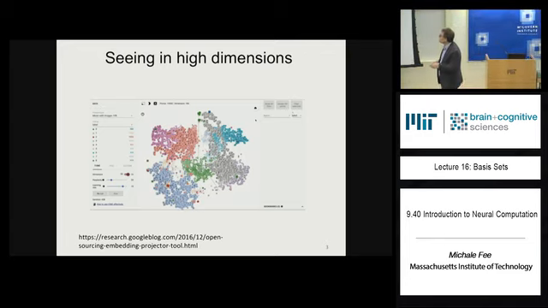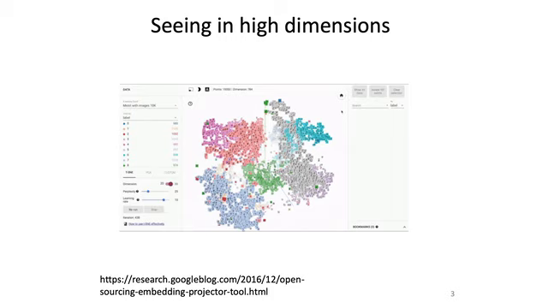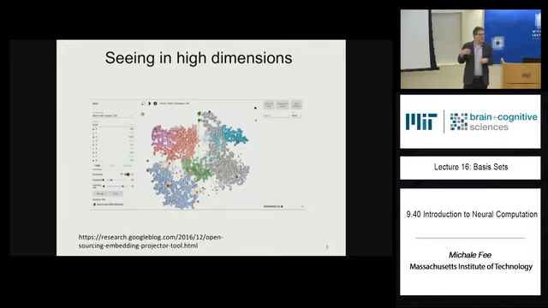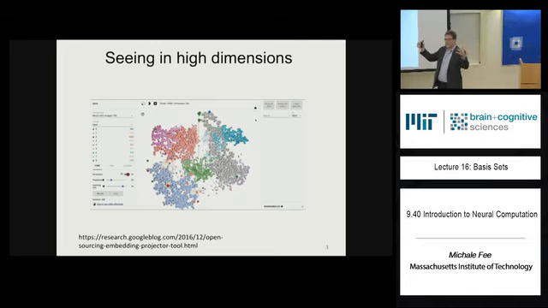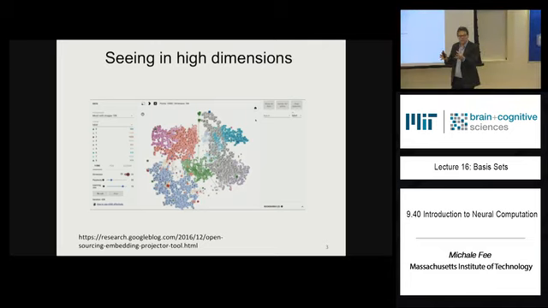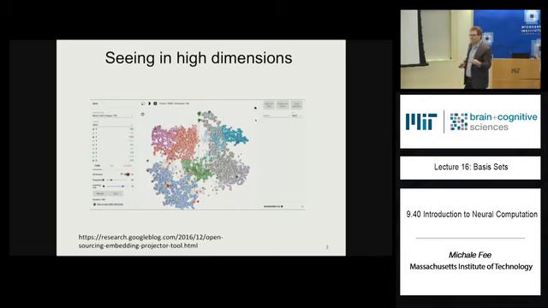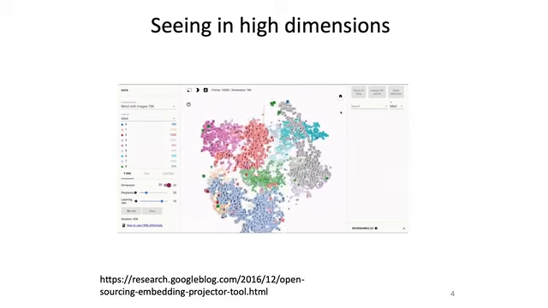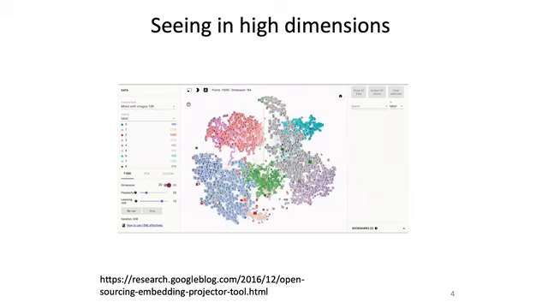So this is from a website at Google Research, where they've implemented different viewers for high-dimensional data, ways of taking high-dimensional data and reducing the dimensionality and then visualizing what that data looks like. And one of the most important ways that you visualize high-dimensional data is by rotating it and looking at it from different angles.